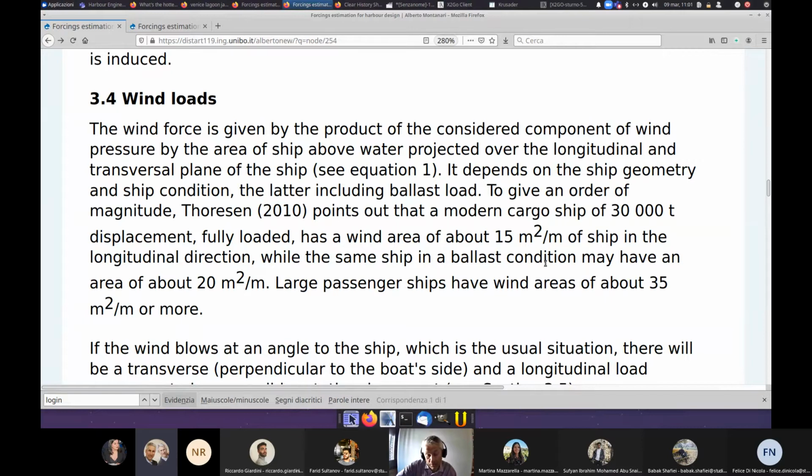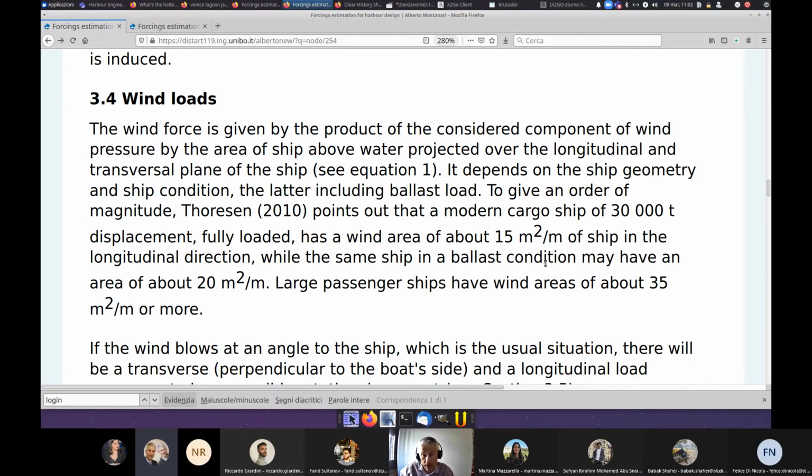Now, keep in mind that this exposed area, and now we come to the discussion of the ship conditions, depends on the overall ship geometry, but also on the loading of the ship, including the ballast load. To give an order of magnitude, I am describing on this web page what is reported in the Ports Designer Handbook by Torresen. He makes reference to a modern cargo ship with a tonnage of about 30,000 tons.